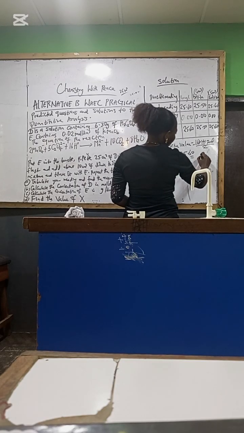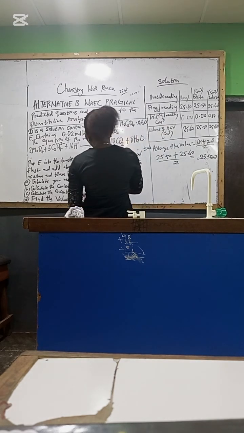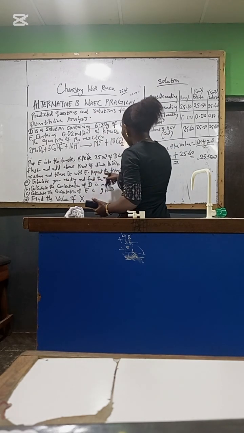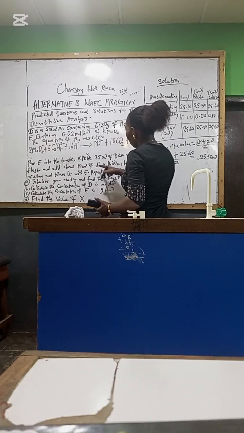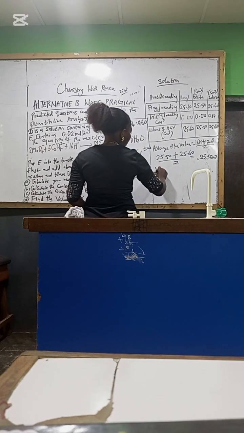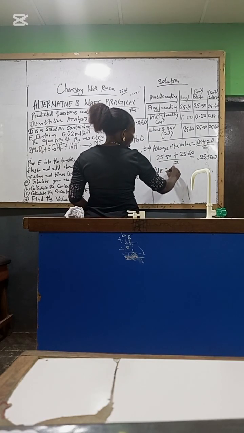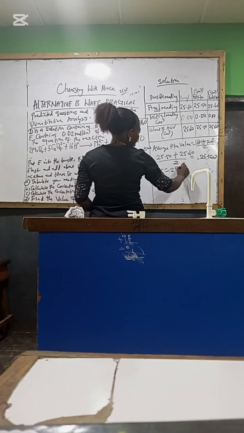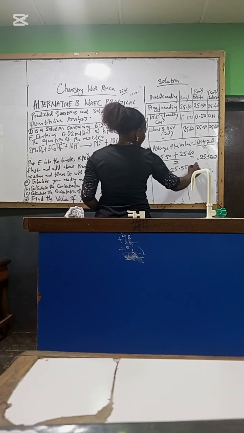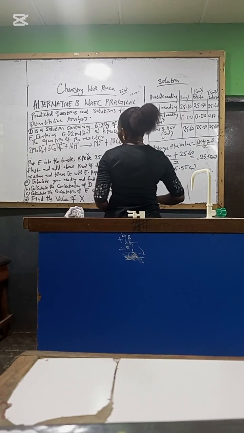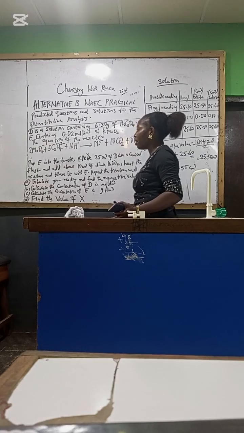And that is giving me 25.55 centimeter cube. So that is to say that VE is equal to 25.55 centimeter cube. That is for our VE.